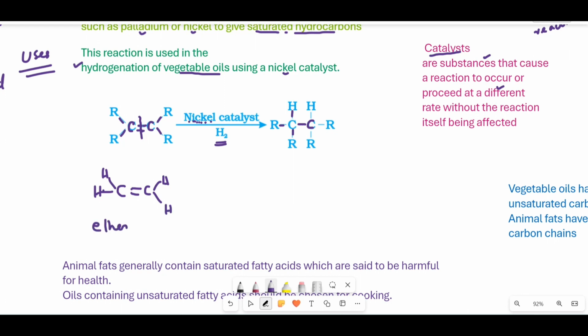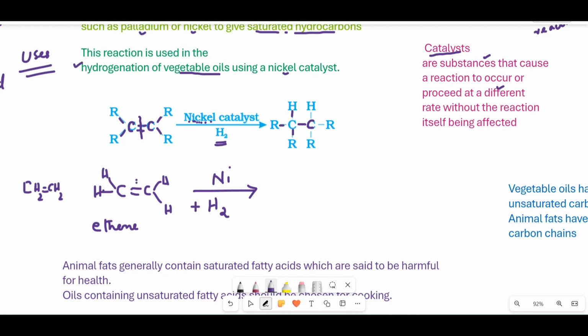This compound is ethene or ethylene. You can write it in this way also, CH2 double bond CH2. In this reaction we use nickel catalyst. We are going to add hydrogen, plus H2.